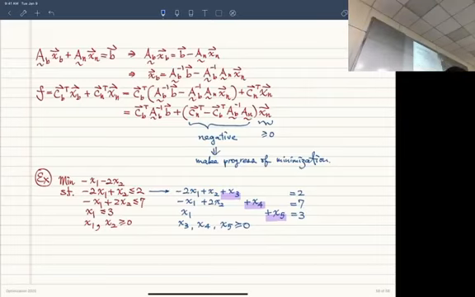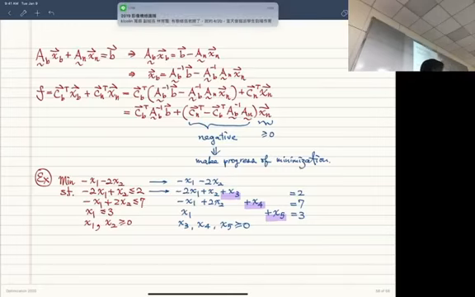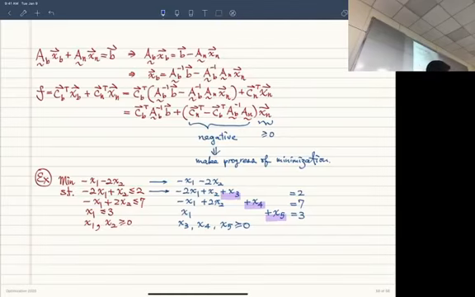And also for our objective function, in this case, you basically do this. You still introduce the slack variables into your objective function, but the coefficients of them are 0.